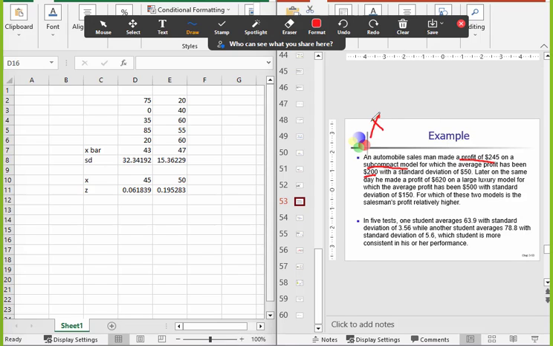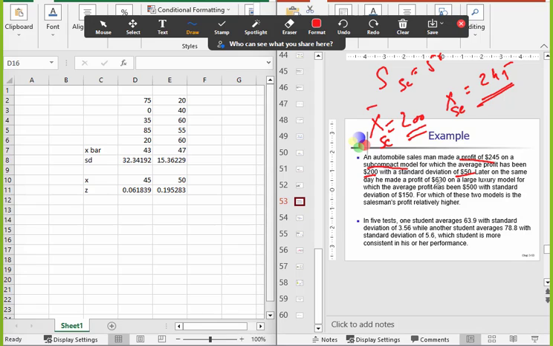He says that X bar is 200 for subcompact model SC, and the profit that he made, X, is 245. So out of all cars that he sells, he averages $200 profit, but the last car he sold, he got $245 profit. His standard deviation is 50, so S SC is 50.